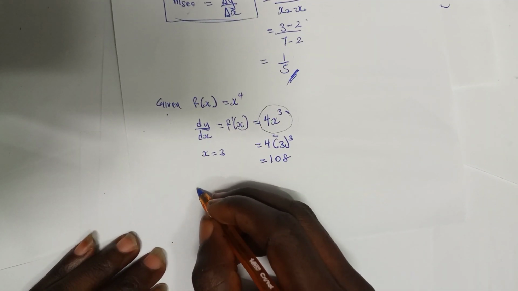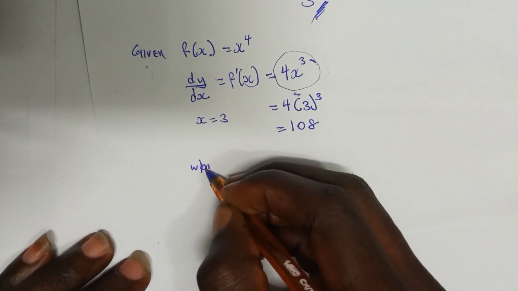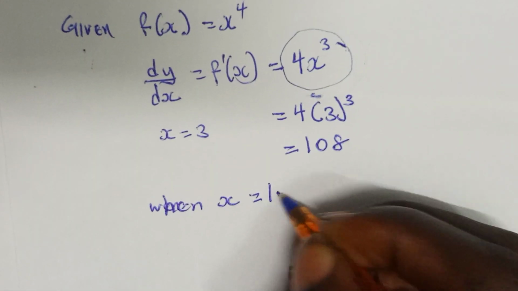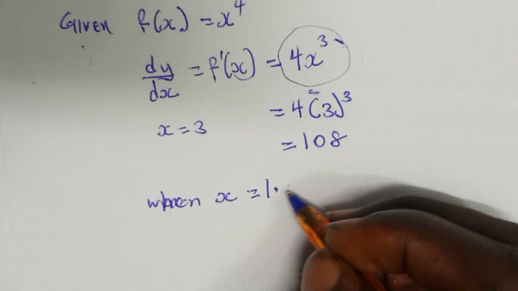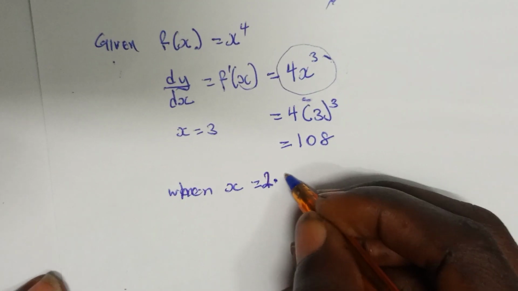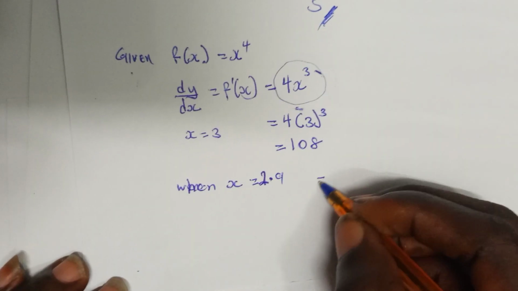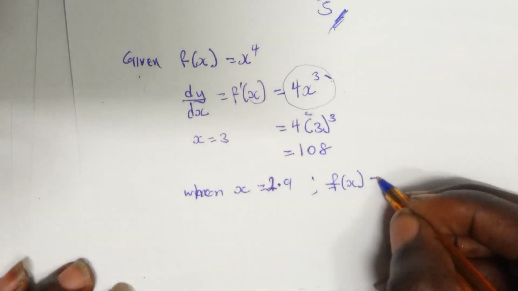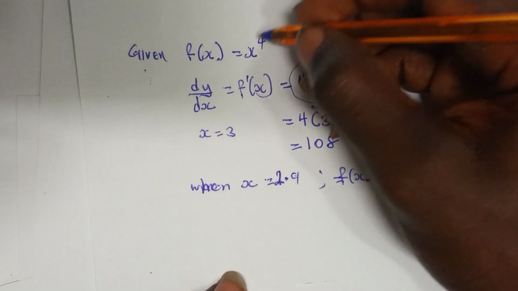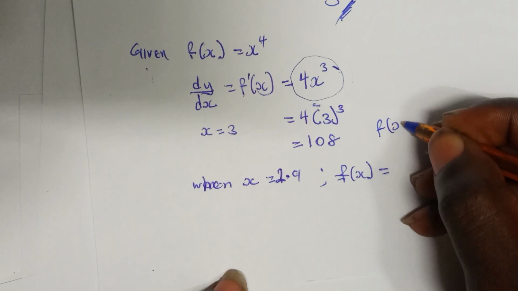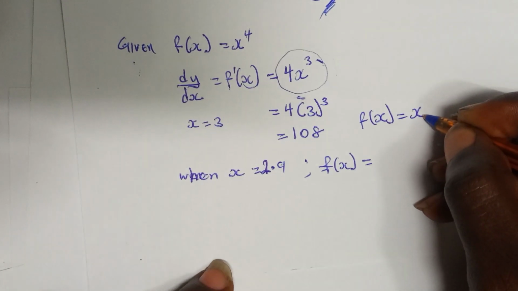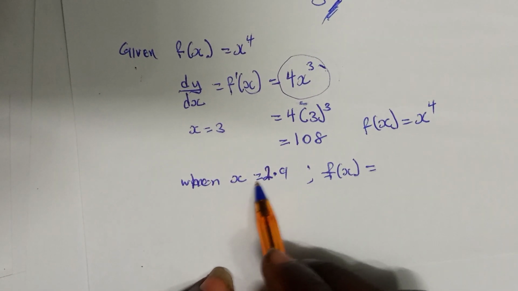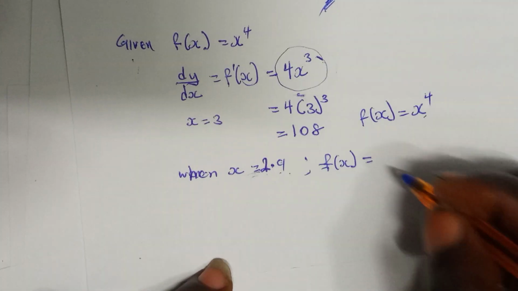So when x is equal to, let's say, 2.9, then our f of x, given as x exponent 4, we substitute 2.9 into the equation.